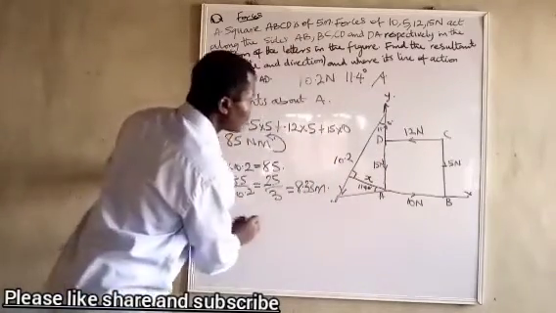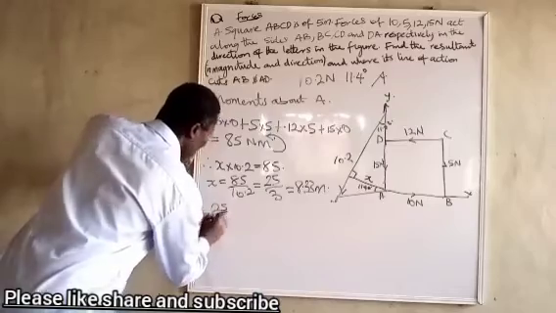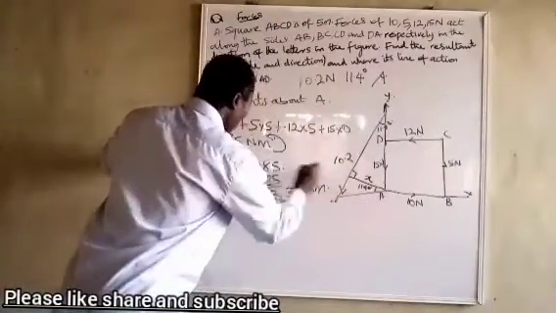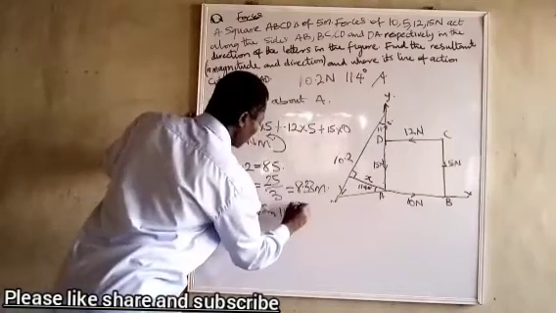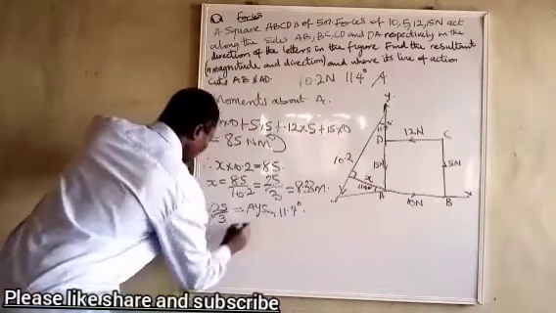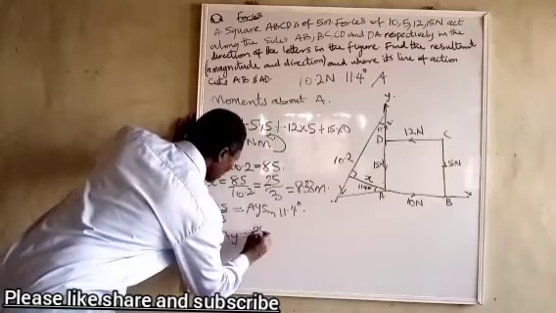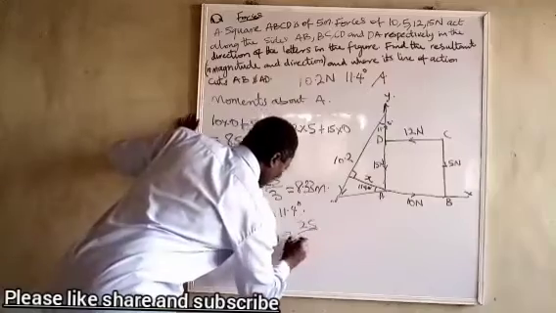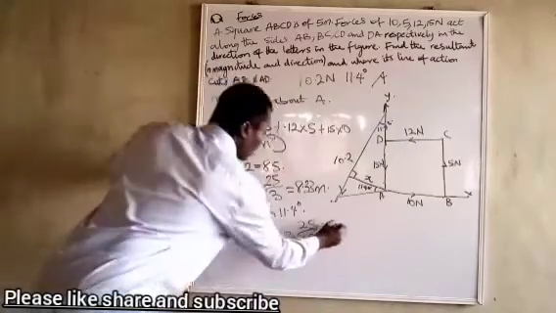So x, that is 25 over 3, that is the opposite, is equal to AY sine 11.4 degrees. Therefore, AY is equal to x over sine 11.4, which is 25 over 3 times sine 11.4. Let's see what that will give us.